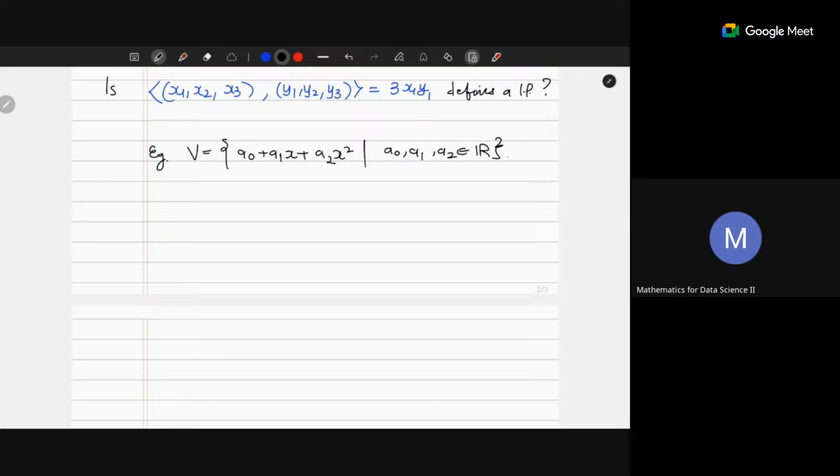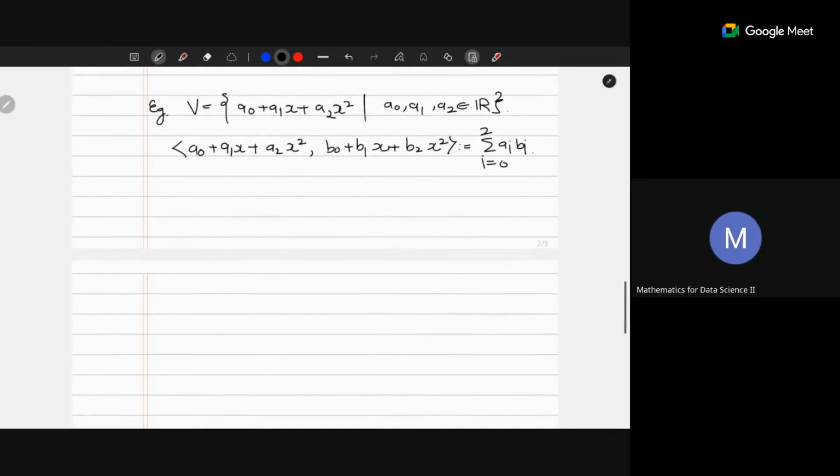My inner product is defined as follows: if I take two polynomials, a0 plus a1 x plus a2 x squared, and b0 plus b1 x plus b2 x squared, the inner product is the sum of ai bi from 0 to 2.